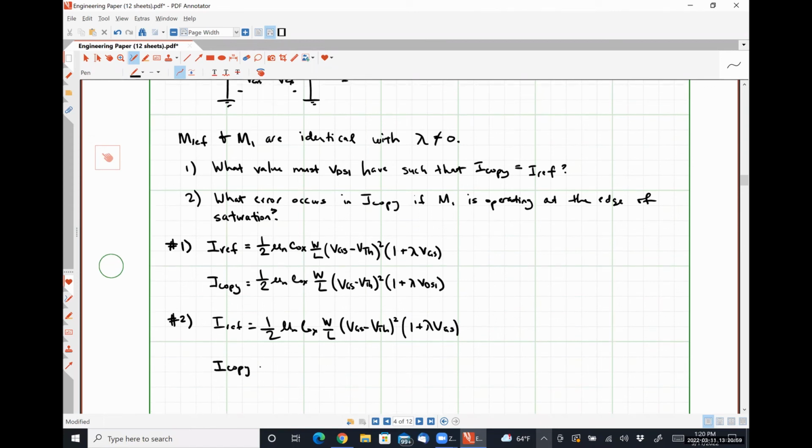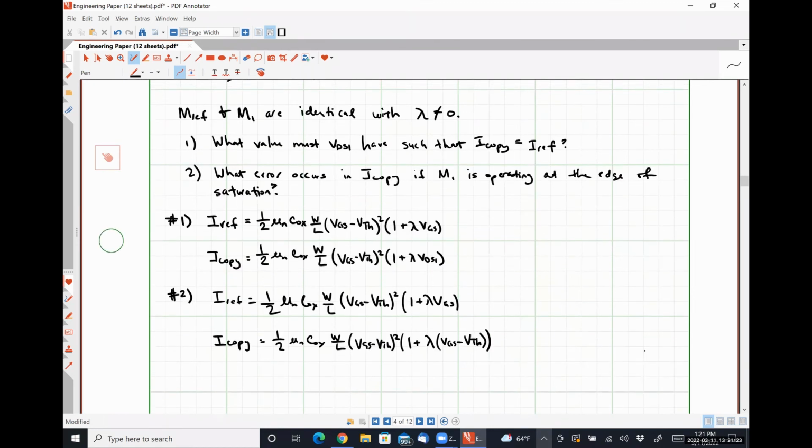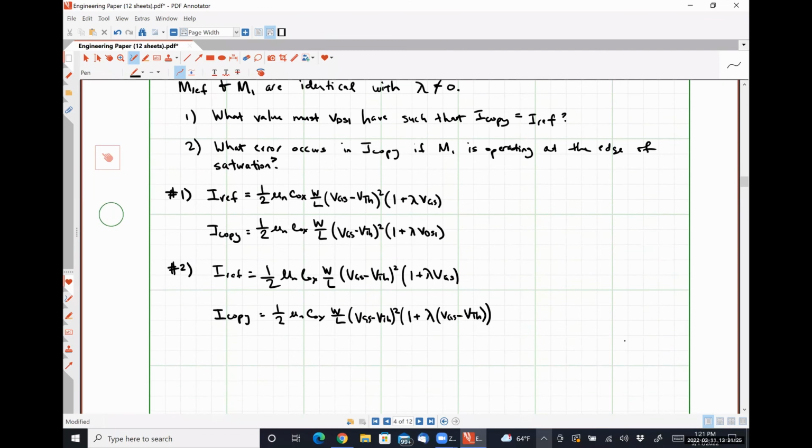I copy is carrying a current of 1/2 μn Cox W over L, VGS minus VTH squared, times 1 plus lambda, VGS minus VTH.